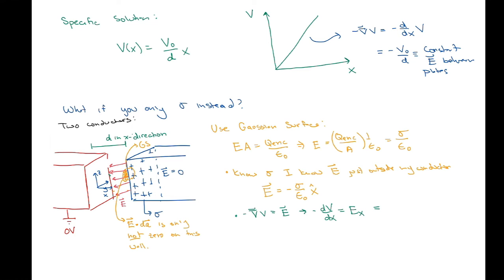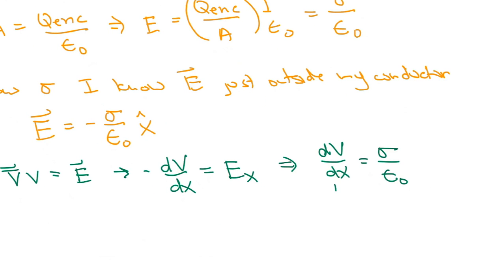And that gives me that I know the derivative of the potential with respect to x is equal to sigma over epsilon naught. Okay.